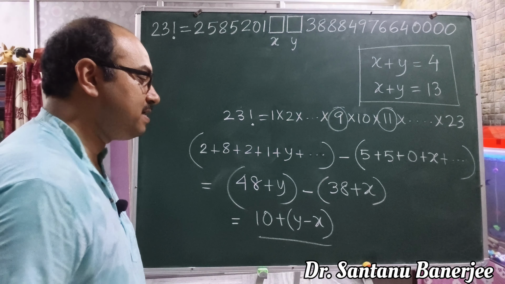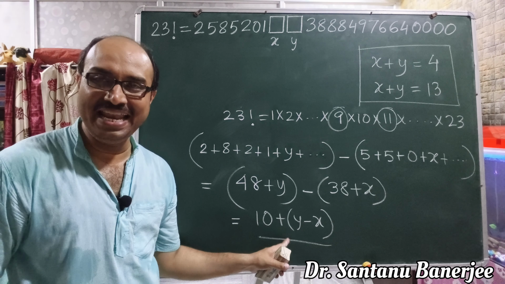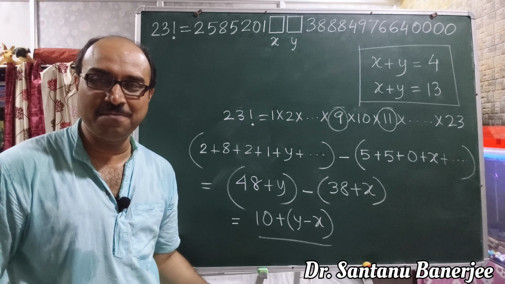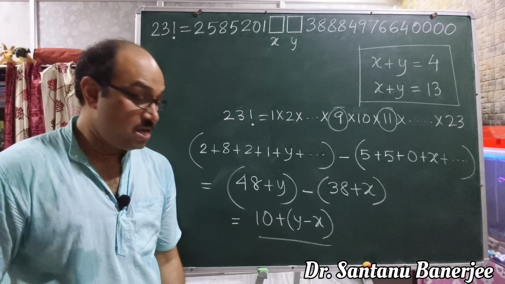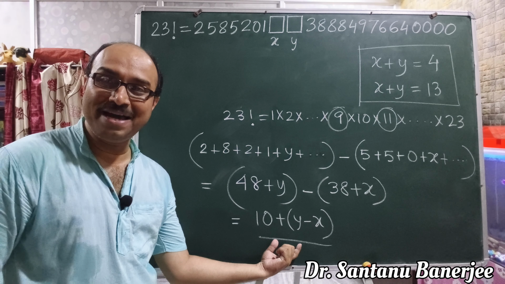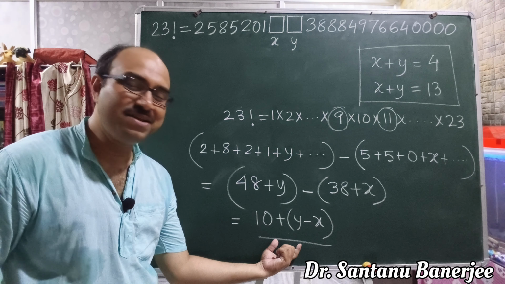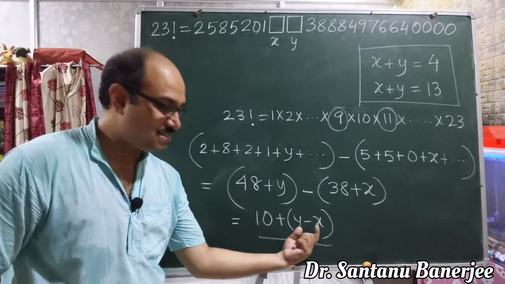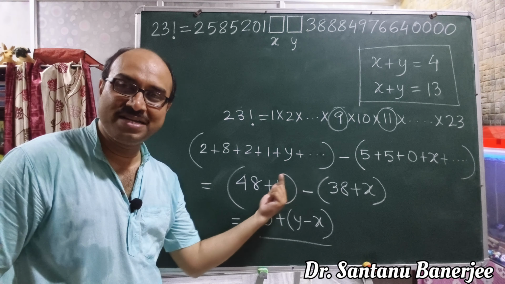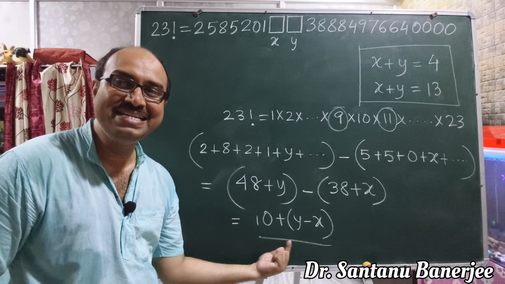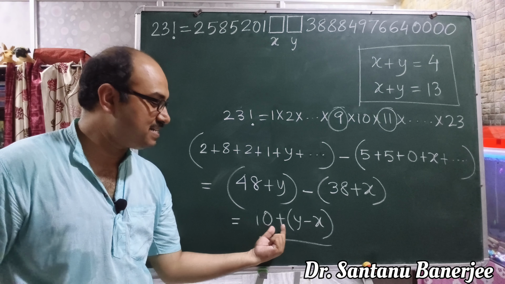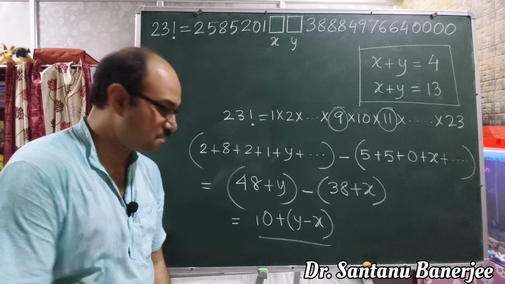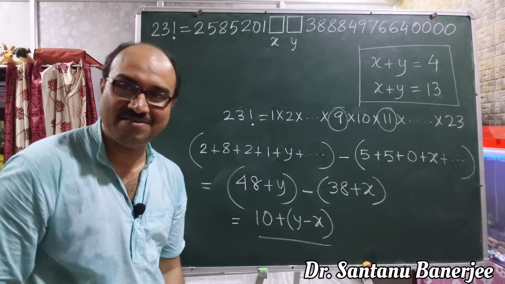Now this number will be divisible by 11. That was the property of a number which is divisible by 11. If this number is divisible by 11, what will be the value of y minus x? For this number to be divisible by 11, the nearest number after 10 which is divisible by 11 is 11 itself.